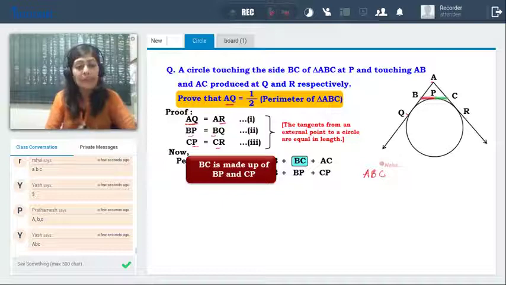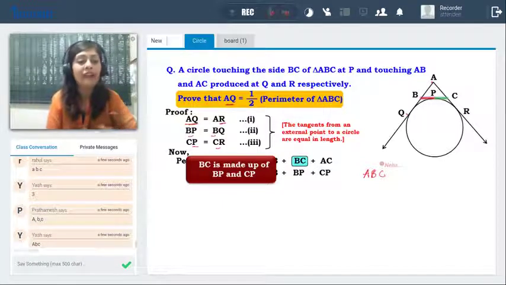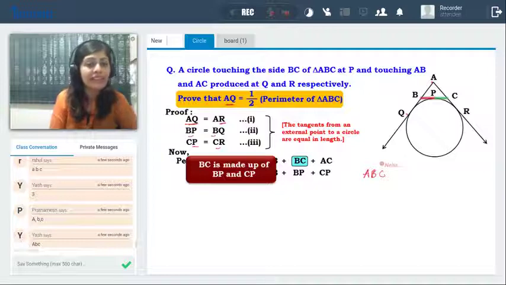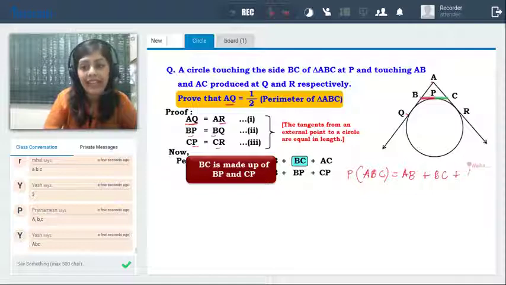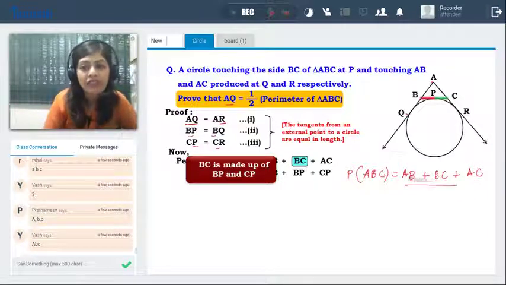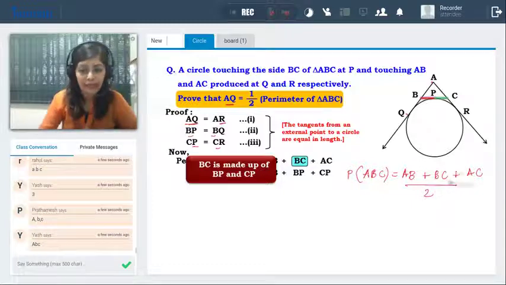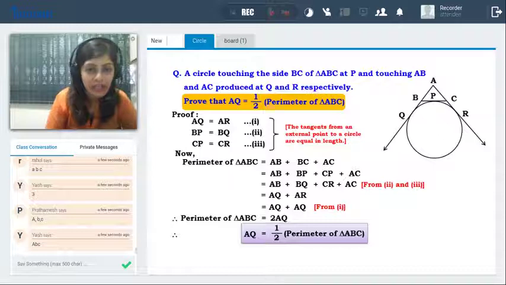We all know perimeter of anything is just the sum of the sides of that polygon. If a triangle, then it's the sum of 3 sides of a triangle. So perimeter of ABC is nothing but AB plus BC plus AC. Yes, that is what perimeter is, and we need half of this. Now let's quickly look at what we have and what we have to start with.